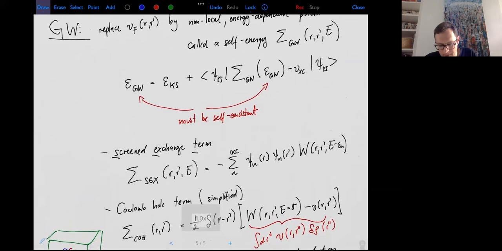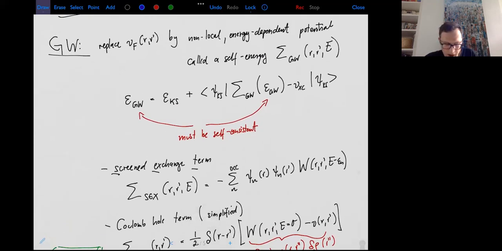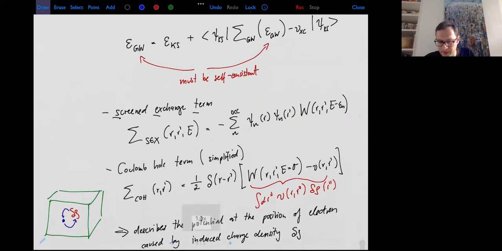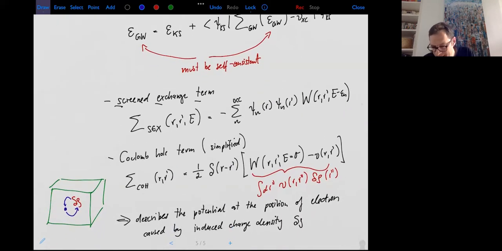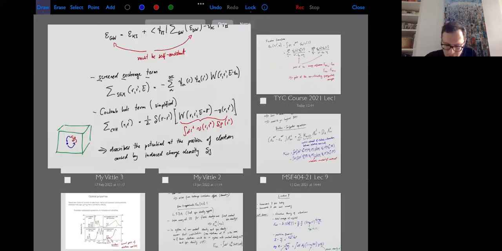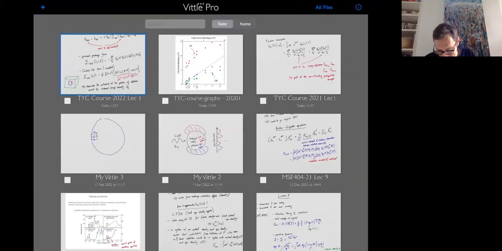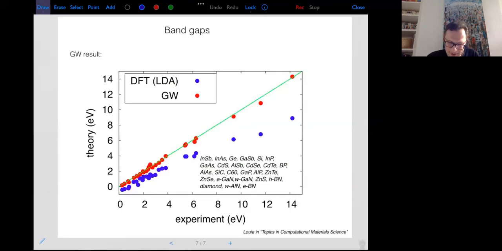And if we basically correct our Kohn-Sham energies, which, as I've told you, are unphysical, with this correction term, the hope is that you get good agreement with experiments. And I mean, you would be very surprised if that actually wouldn't happen after all that I've told you, but it works very nicely.